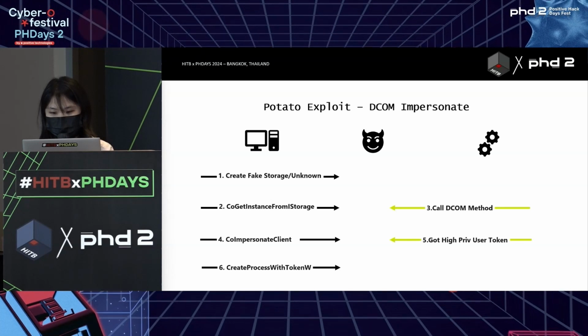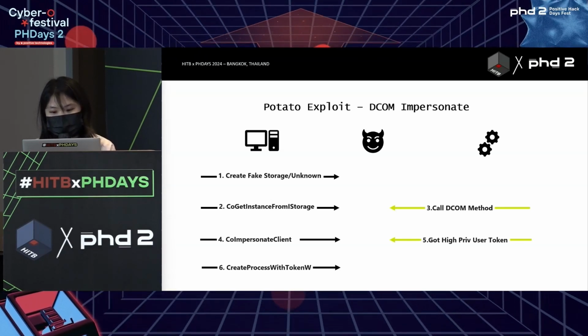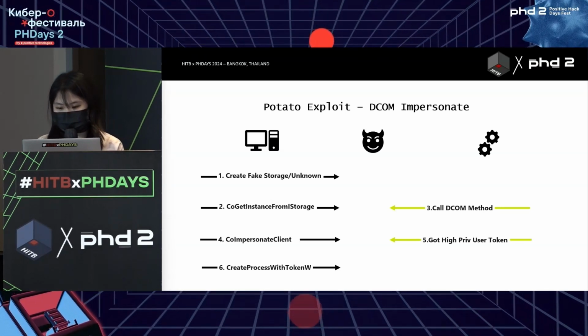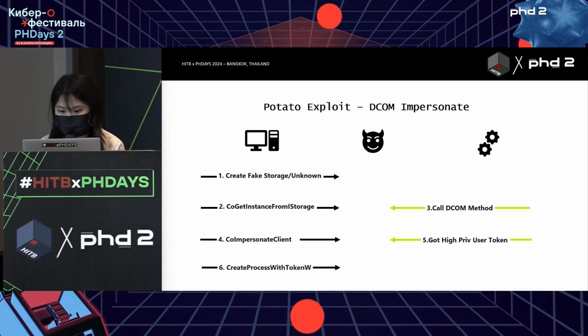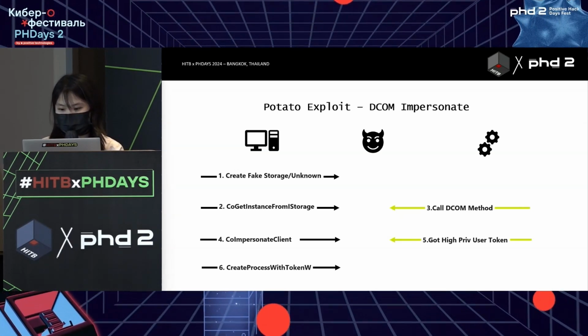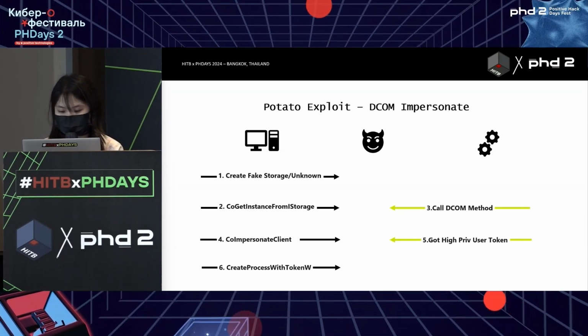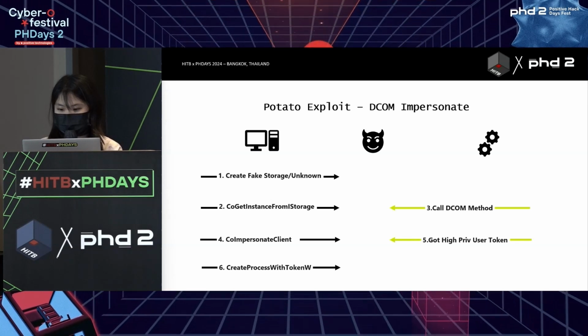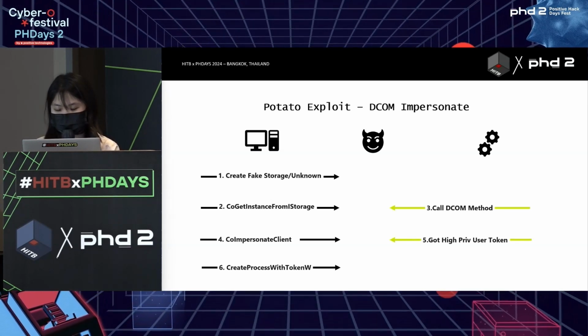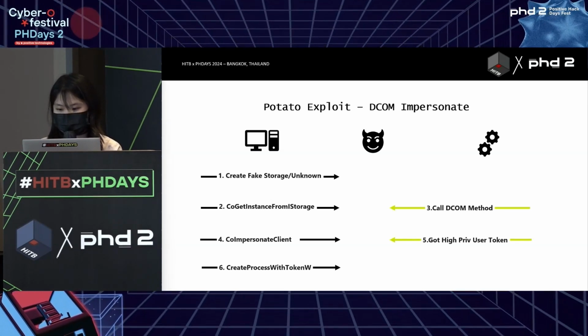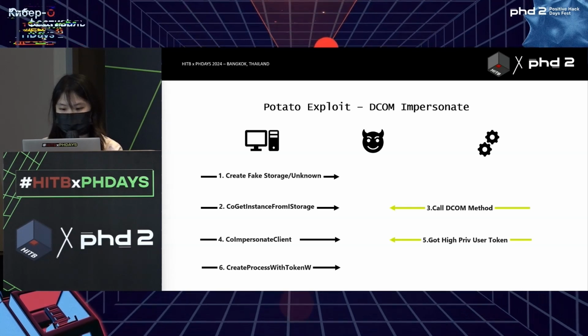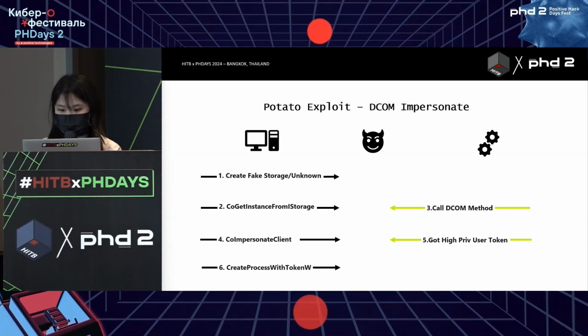This is one of the methods used by Potato. DCOM impersonation: we need to let the account with high authority call our custom COM class. When calling our custom COM class, we can impersonate the user. It is worth noting that DCOM objects can call each other.